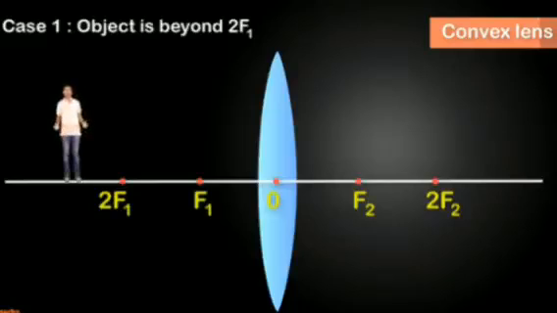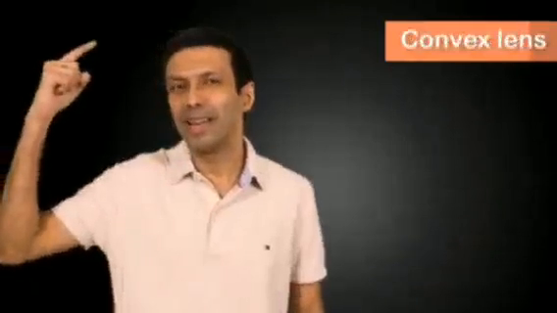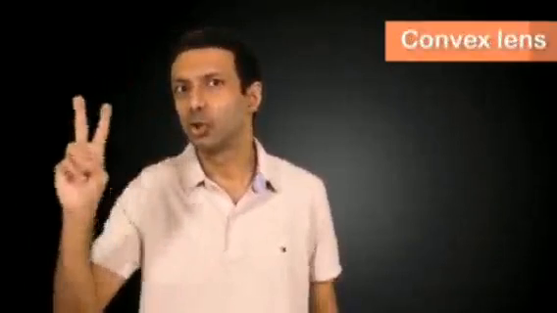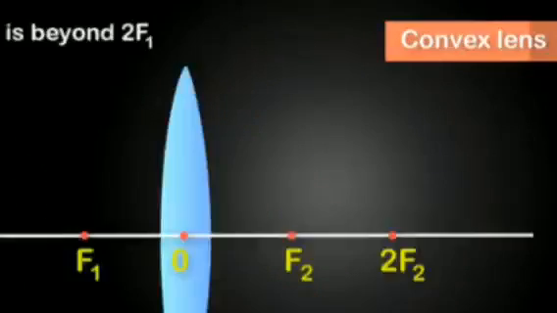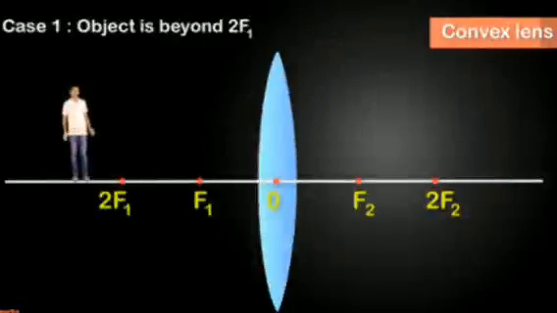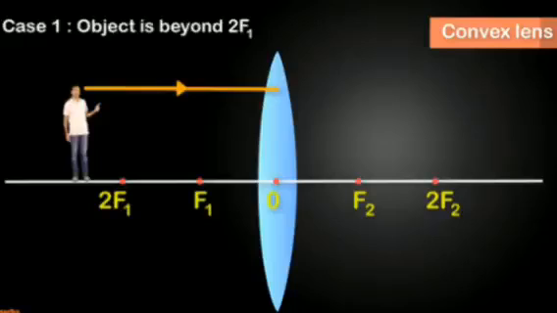You need to consider the rays from the top of the object. So from my head, remember, we need to select 2 out of the 3 rules. Let's use rule 1. The ray which is parallel to the principal axis after refraction by the lens passes through the focus. So this is our first ray here.